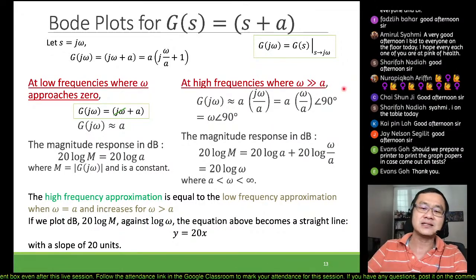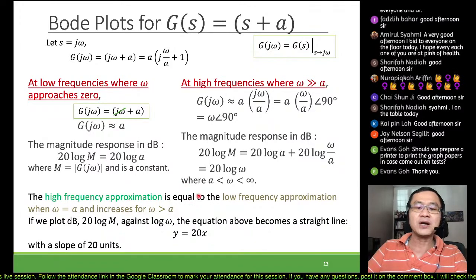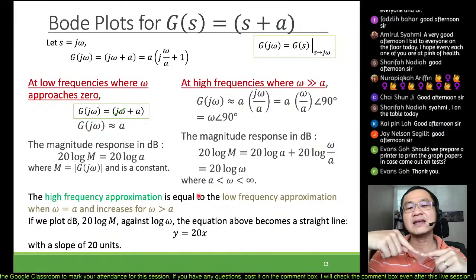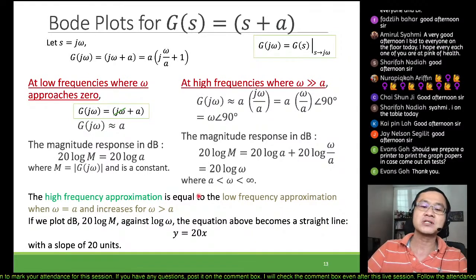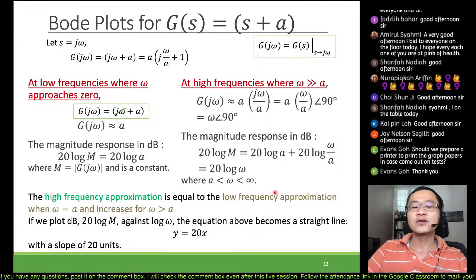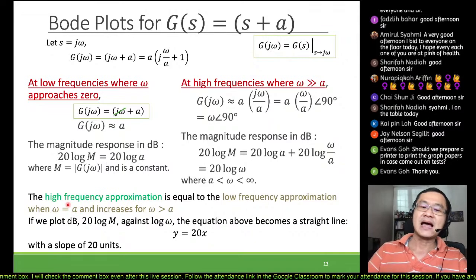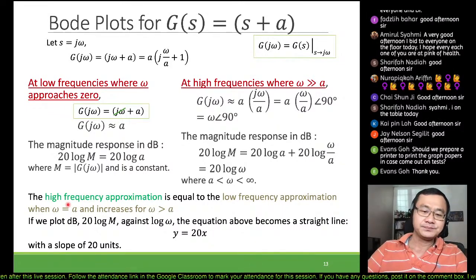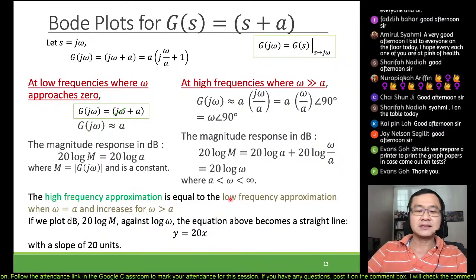At the point where these two lines meet, we approximate that the high frequency and low frequency are matched when omega equals a. They are equal to each other at a, right?